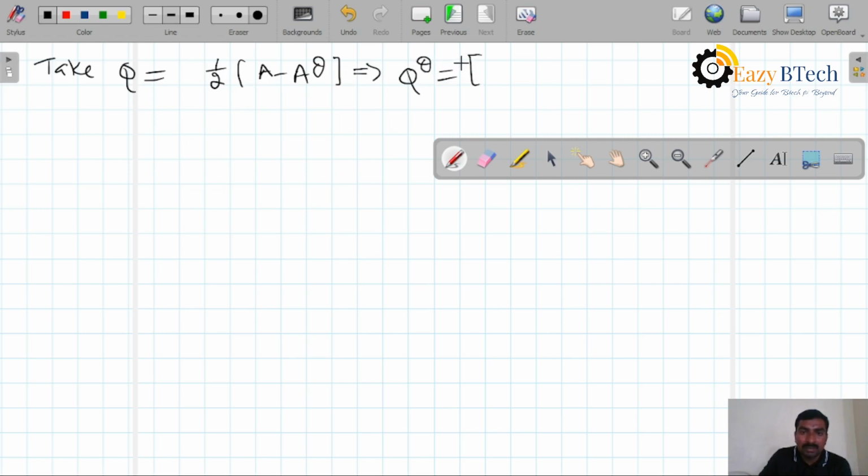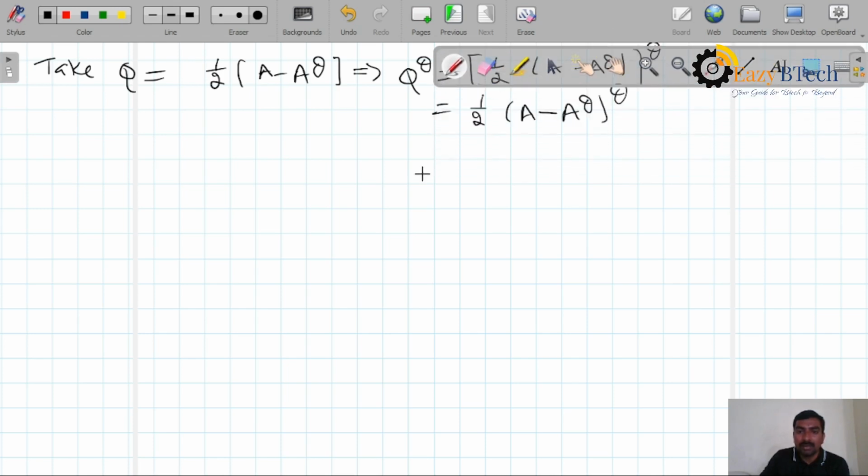Q power theta means 1 by 2 into A minus A power theta whole power theta. According to the same properties we applied on the previous page, here also we apply the same thing: 1 by 2 is the constant, into A minus A power theta whole power theta.